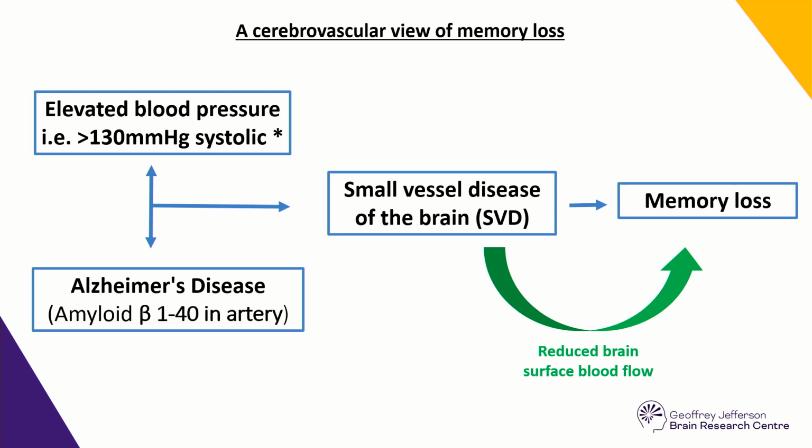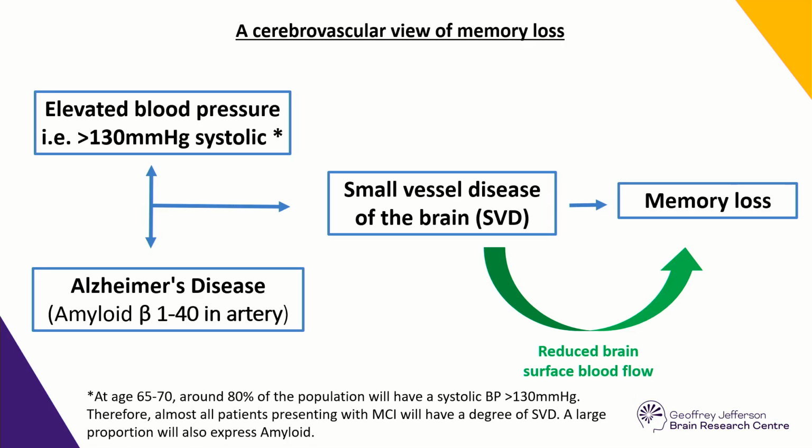In my patients, over the age of 65, all of them have got small vessel disease of the brain, and about 40% of them also express amyloid beta. This leads to small vessel disease of the brain, which reduces brain blood flow and causes memory loss. And this is about 80% of the population over the age of 65.